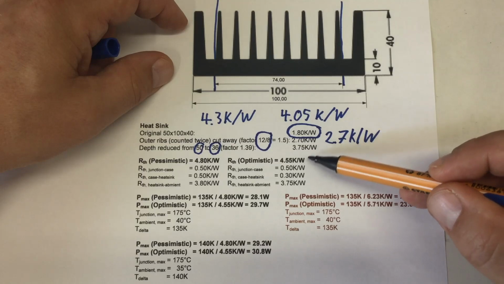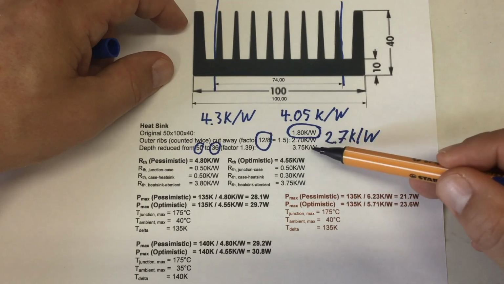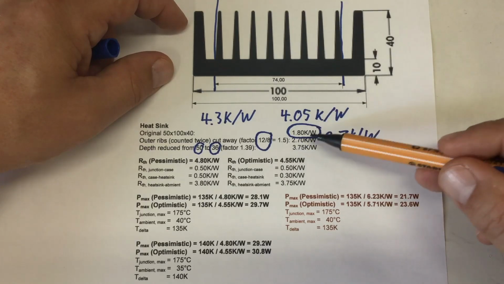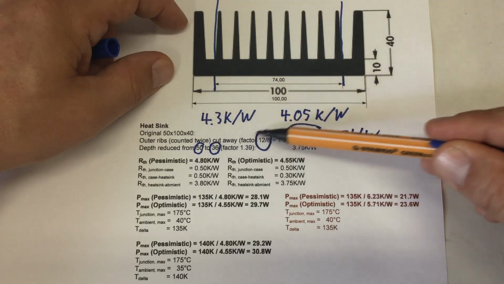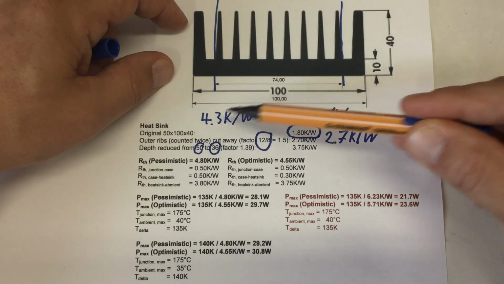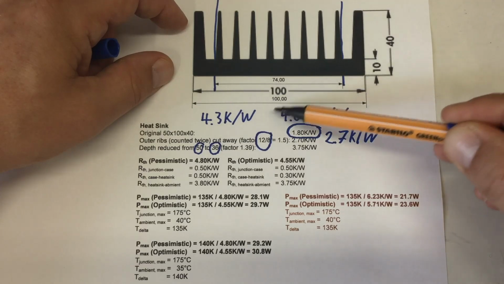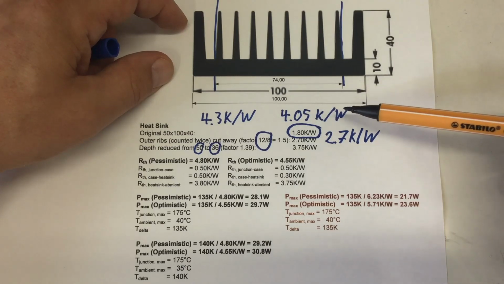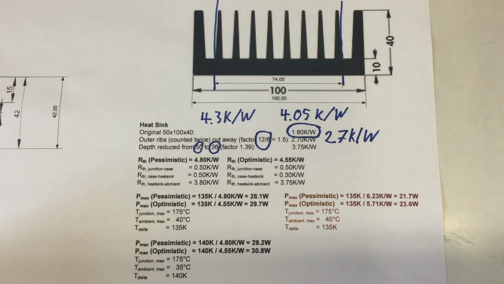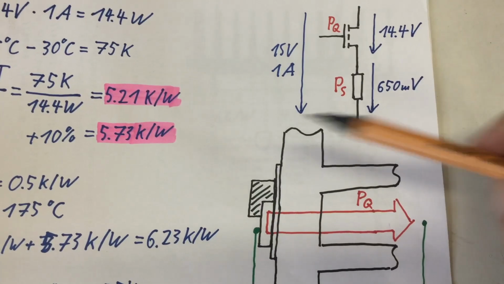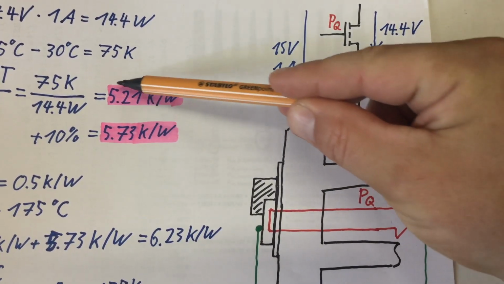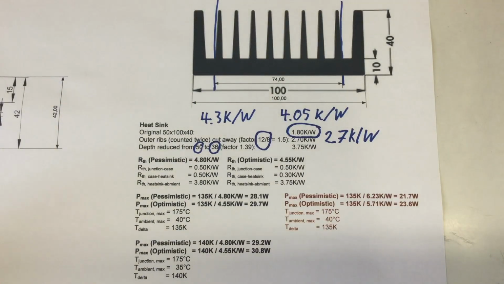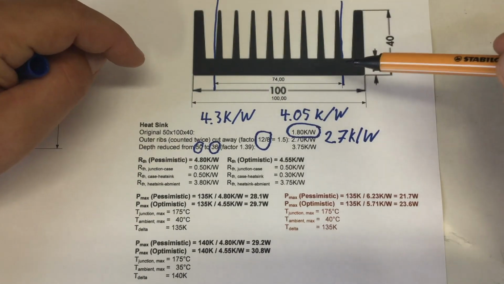And adding the thermal pad with either 0.3 or 0.5 Kelvin per watt, you arrive at a pessimistic approximation of 4.3 Kelvin per watt, or if you are very optimistic, 4.05 Kelvin per watt, which is a far way from the 5.73 or 5.21 I actually measured. So where did I go wrong?